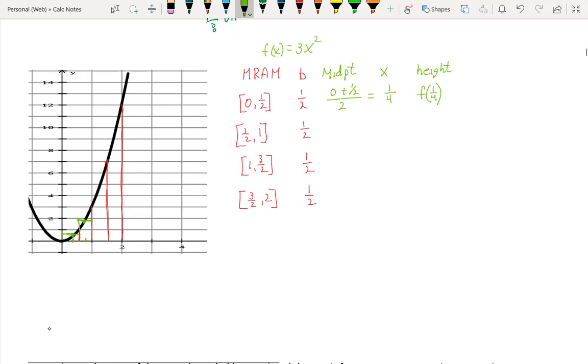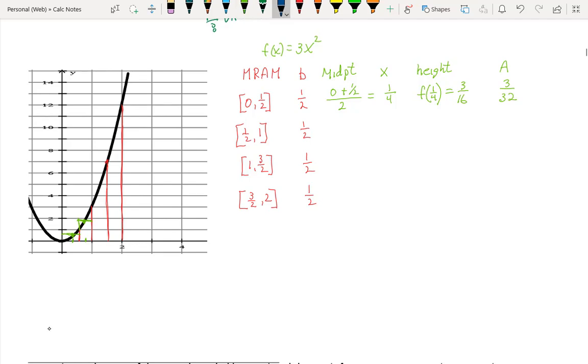So if I plug a 1/4 into there, I get a 1/4 squared, which is a 16th, and a 16th times 3 is 3/16. So midpoints take a little more. Now, if you look at what you have now, I've got the base on the left here, which is 1/2. I've got the height, which is 3/16. So the area of that first one now would be 1/2 times 3/16, which is 3/32. And we continue on from there.